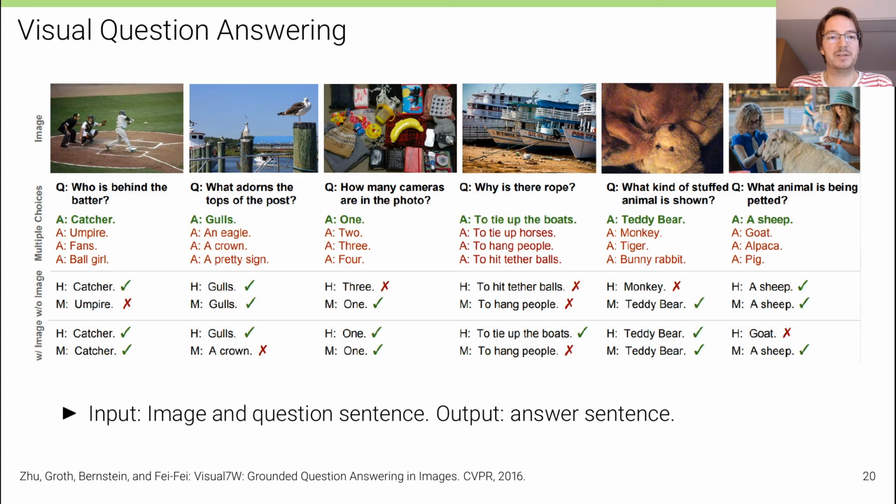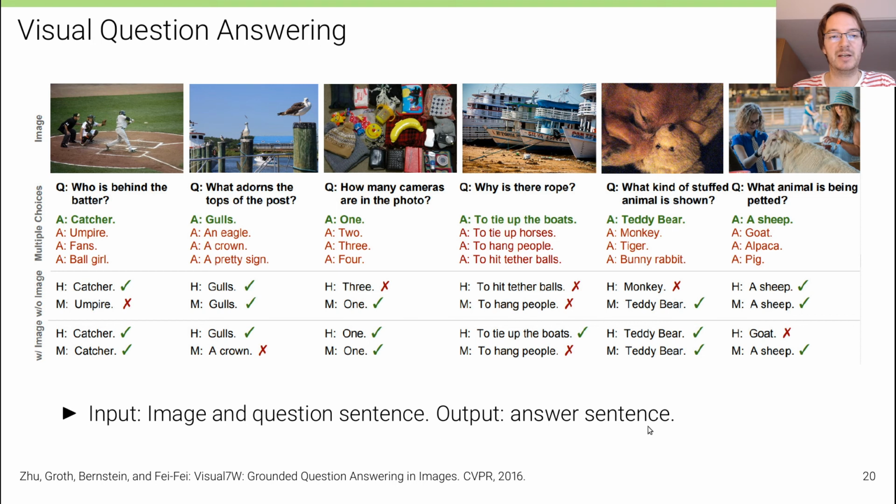Another application is a more recently proposed task called visual question answering, where the input is an image and a natural language question sentence, such as, for this image, who is behind the batter?